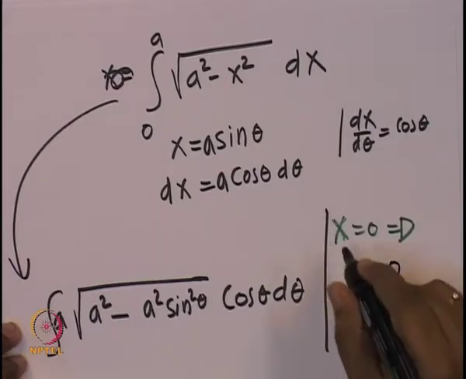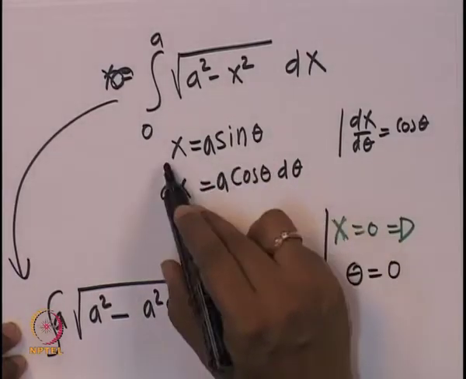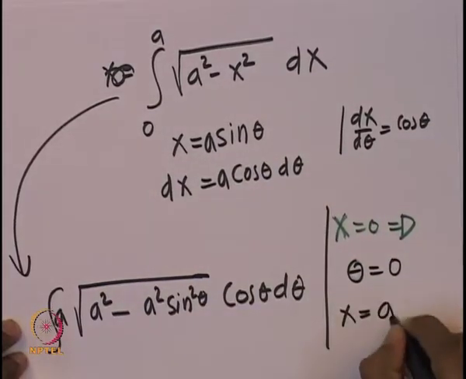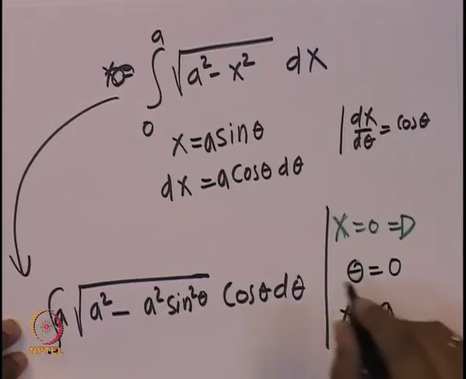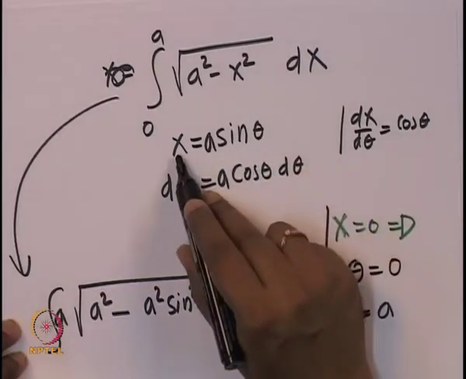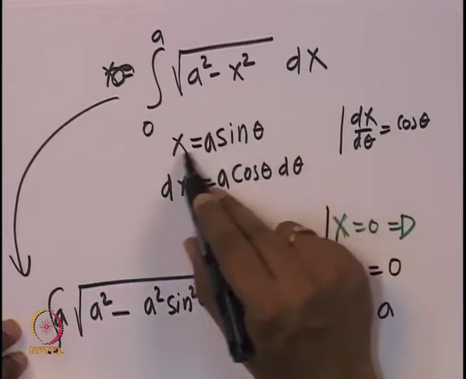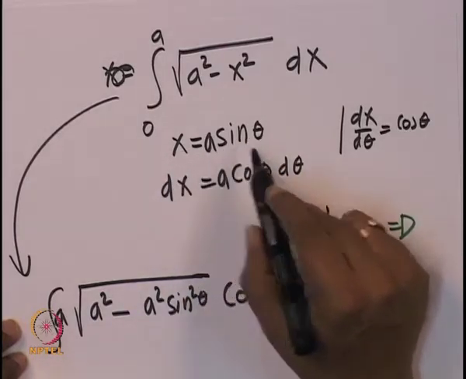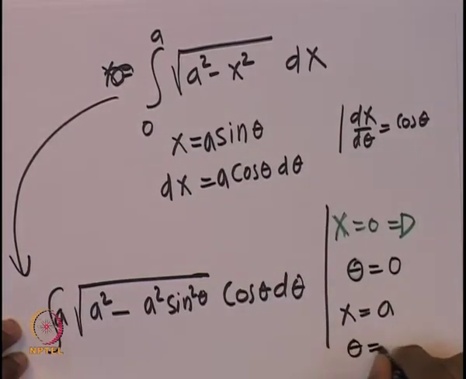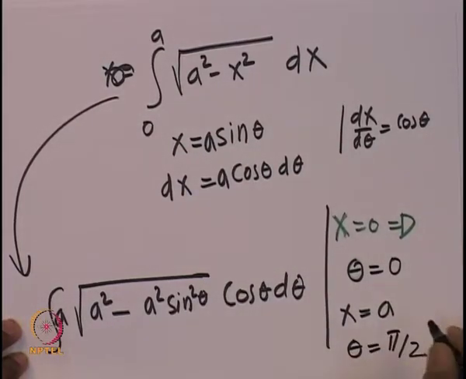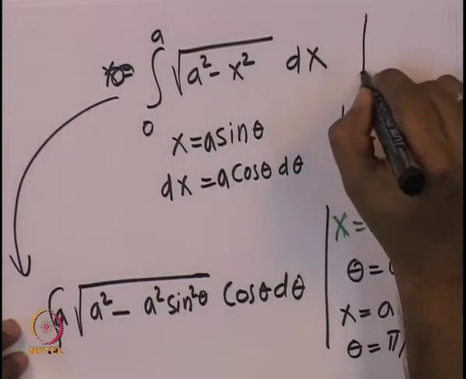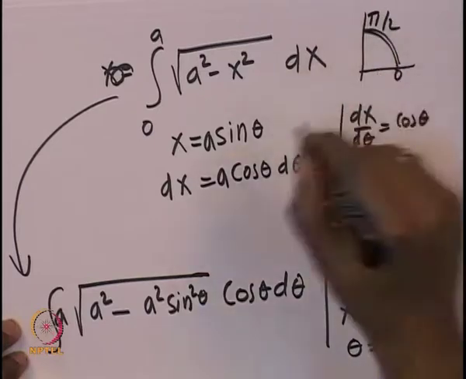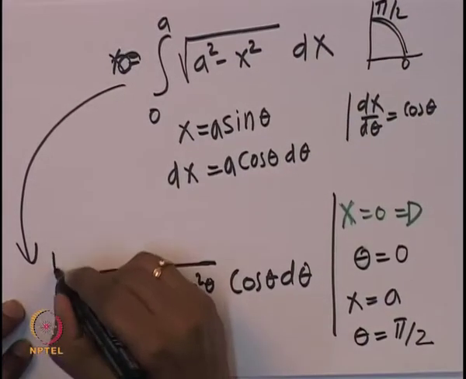This is correct. When x is equal to a, sin theta has to be 1, and sin theta is 1 when theta is equal to pi by 2. Also, we know we are integrating half of the circle, which is 0 to pi by 2. So the limits are 0 to pi by 2.